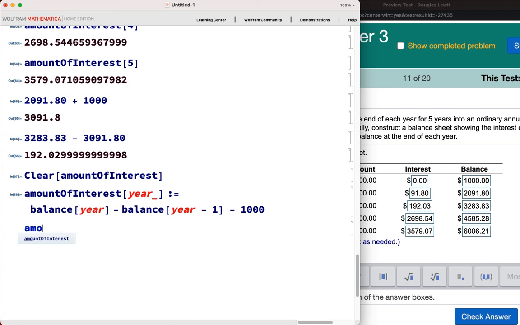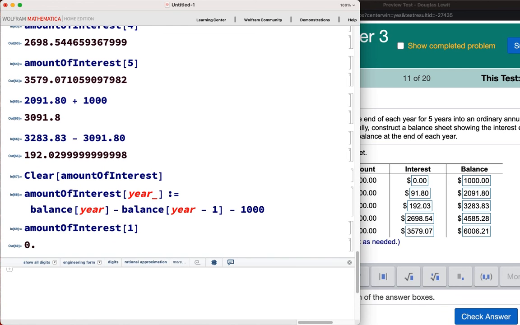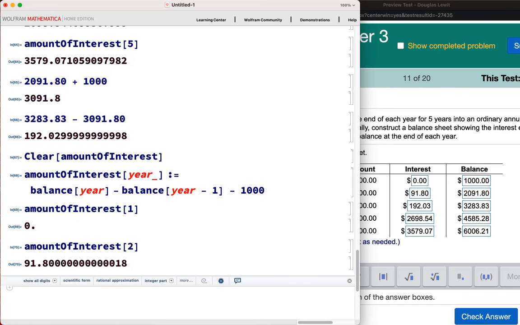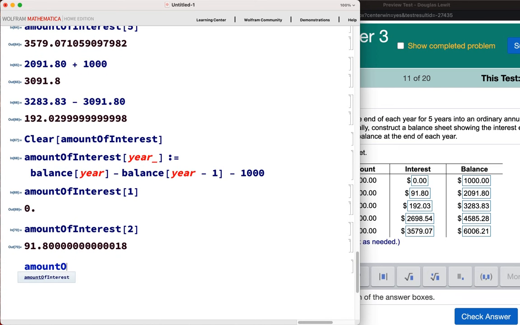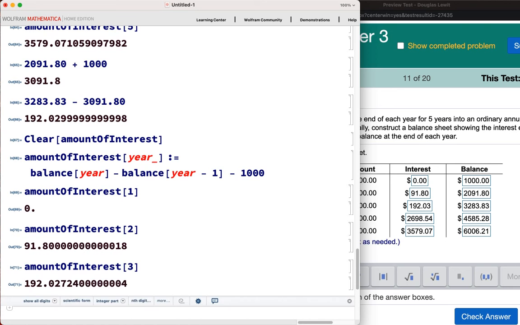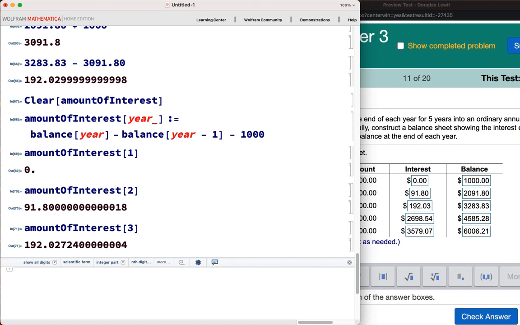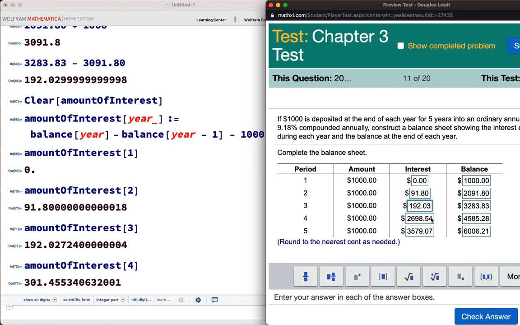Okay. So amount of interest for 1 should be $0. Amount of interest for 2 should be $91.80. Amount of interest 3 should be $192.03. Amount of interest 4 should be, now these numbers make a lot more sense. Those other numbers were kind of crazy. $301.46.